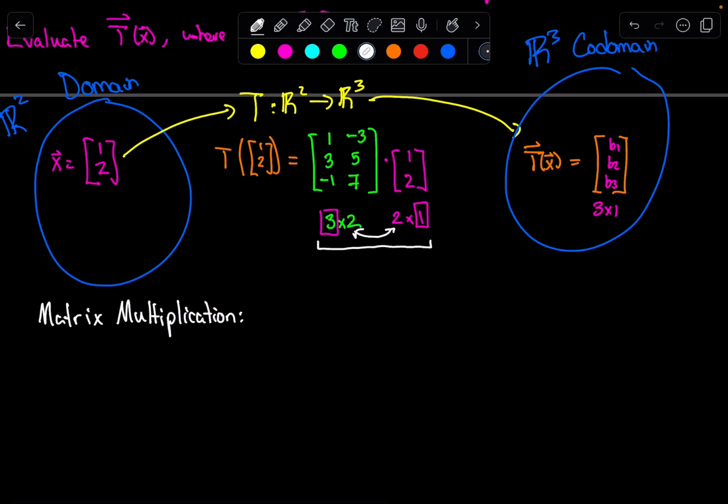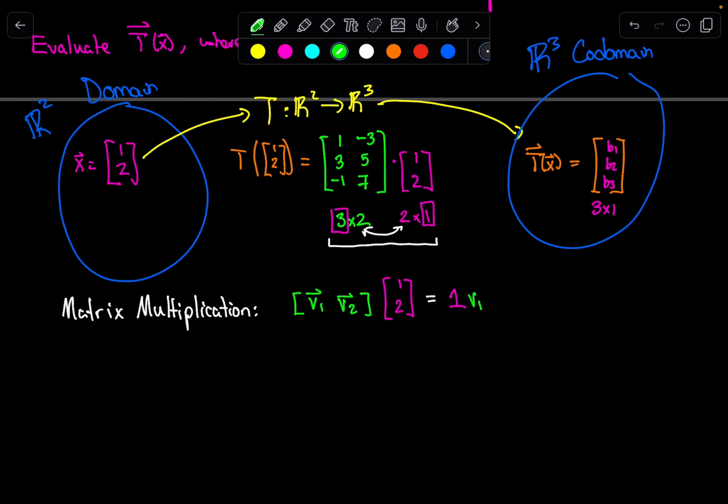And so the way matrix multiplication, as we've seen it before, would be if I took this matrix A that we've been given, and I called the first vector V1, the second one V2, right? We would do this, and this one we know how to do. We just do a dot product, and we would get 1 times V1, plus 2 times V2.